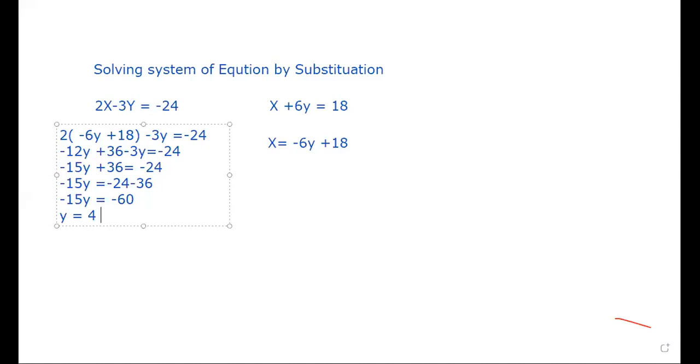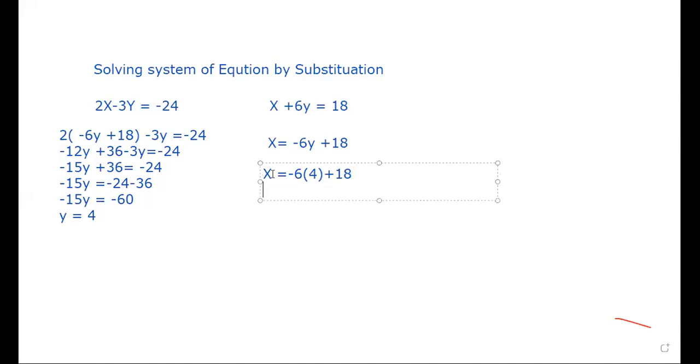We will take it and go back again to the second equation. We will put instead of y, how many? 4. So we have x equals negative 6 times 4 plus 18.